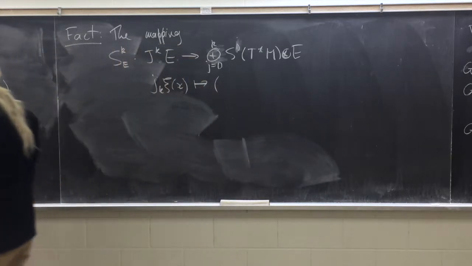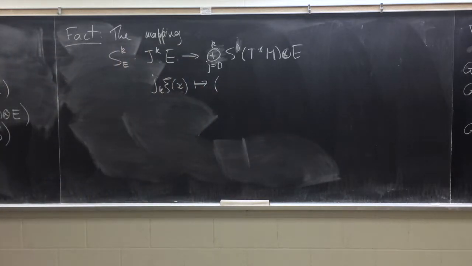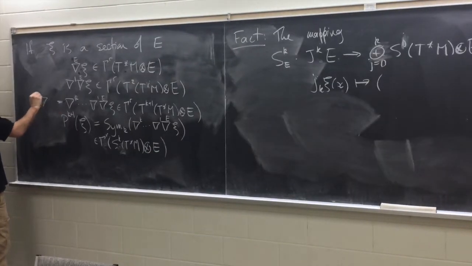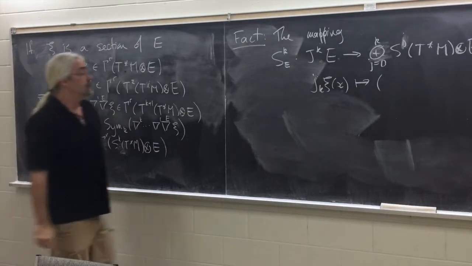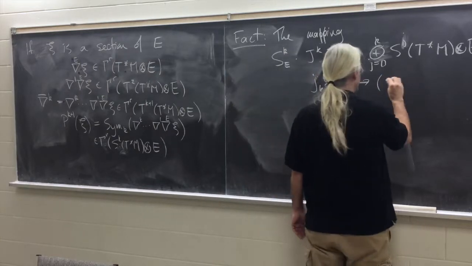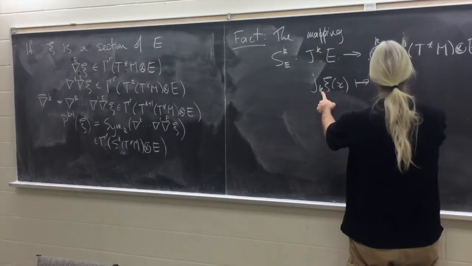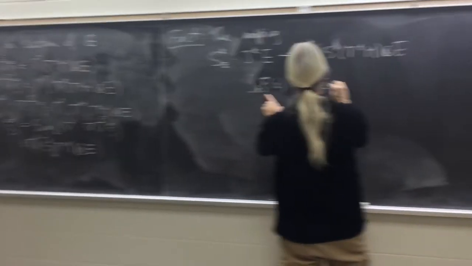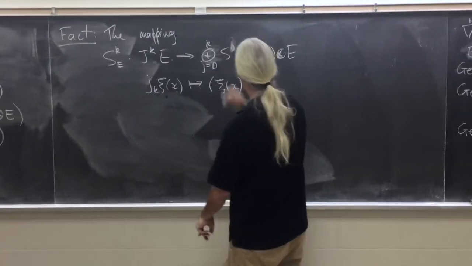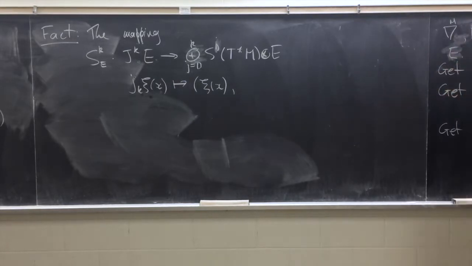So by my conventions here, I'm going to call this guy notationally a k with a bar on top. The first thing I'm going to get here is just the value of the section at x. That'll be the j equals 0 component of that guy.